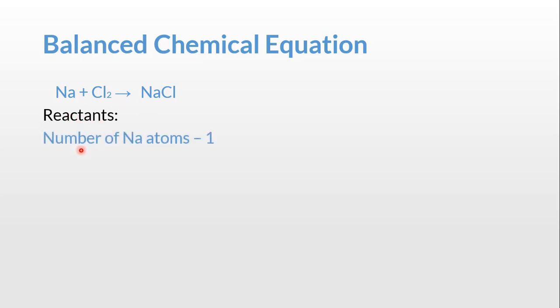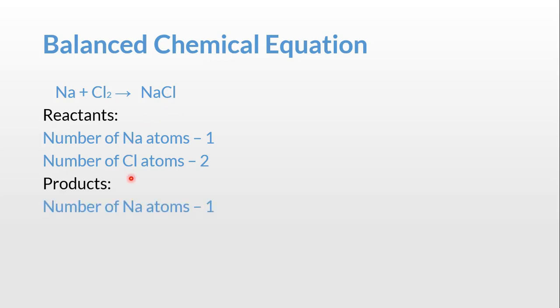From the reactants, the number of atoms of sodium is 1, and the chlorine molecule Cl2 has 2 chlorines. Looking at the products, we have 1 sodium and 1 chlorine. So it's obvious that this equation is not balanced.